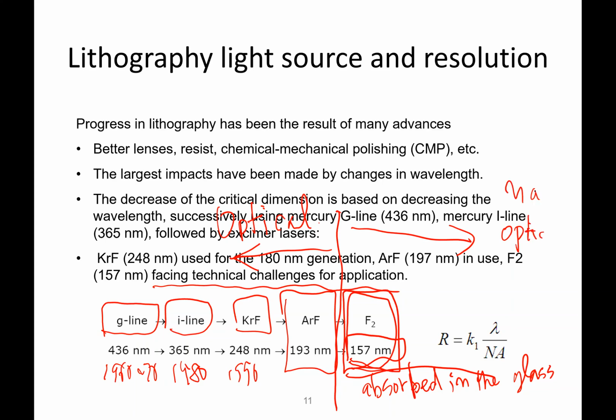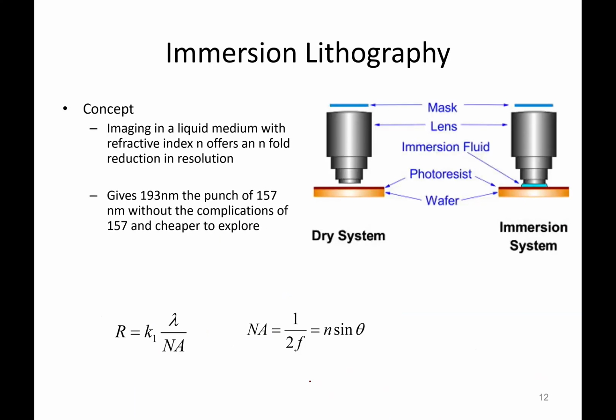Okay, so this is the boundary. Now industry is facing this boundary. They have to develop new technology, but until the new technology is developed, they are pushing this boundary as much as possible. That is actually the immersion lithography.